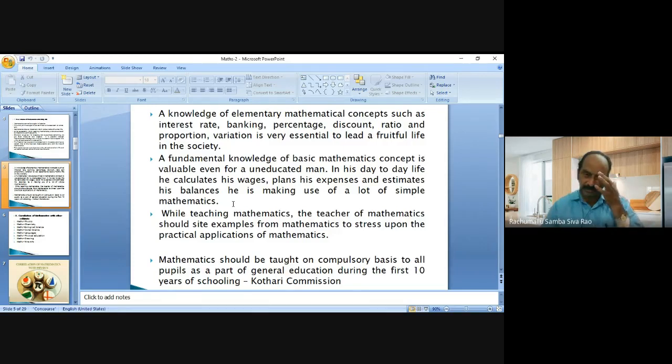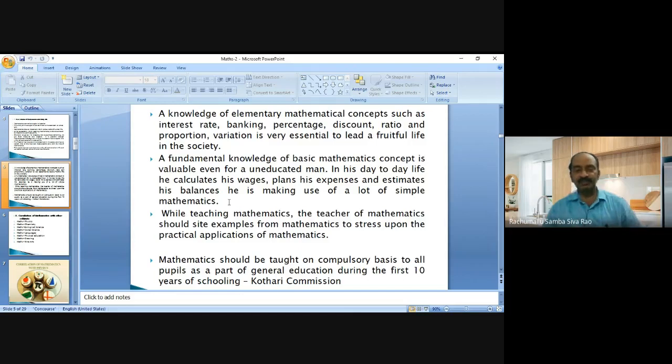For example, the teacher is teaching about the profit. Then he has to quote general life examples, because definitely a student will observe the happenings in their home. For example, his father buys a scooter for some amount of rupees.